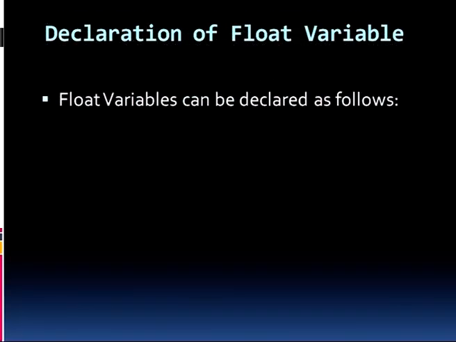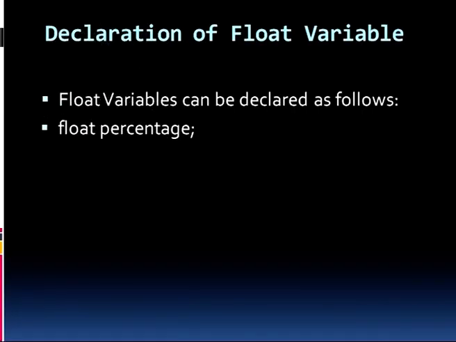Declaration of float variables. Float variables can be declared as, this is a statement that declares a variable with the name percentage of type float. This is another statement that declares a variable average with the data type float.